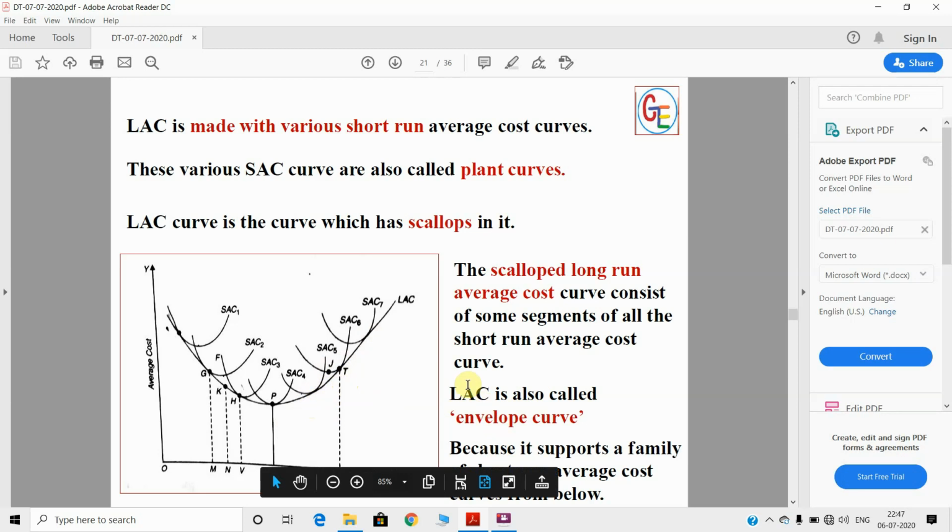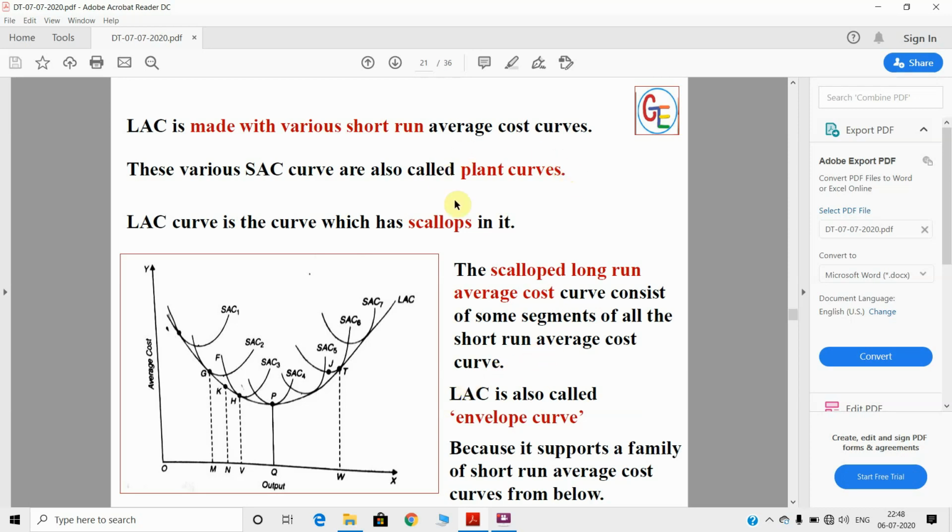If we discriminate between the shape of SAC and LAC, SAC is U-shaped but steeper, but in case of LAC it is more flat. So it takes the shape of a saucer.